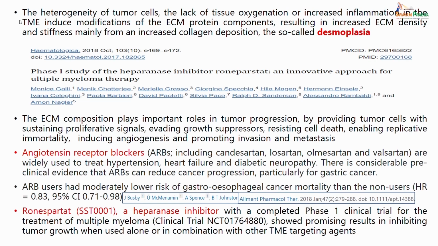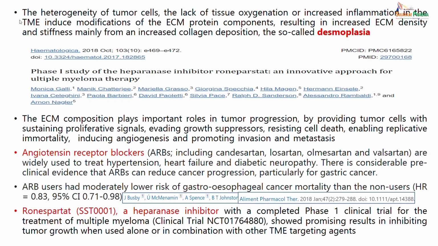So there are angiotensin receptor blockers, what we call the ARBs. There are several ARBs which are useful in the treatment of hypertension and diabetic neuropathy, and studies have shown that there is considerable preclinical evidence that ARBs can effectively reduce cancer progression, particularly in gastric cancer.